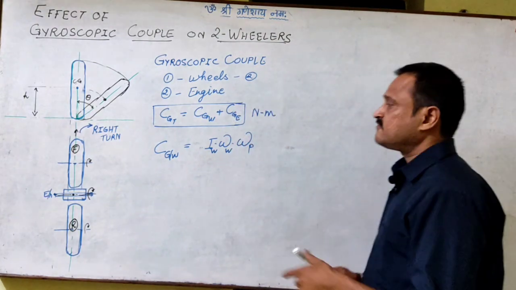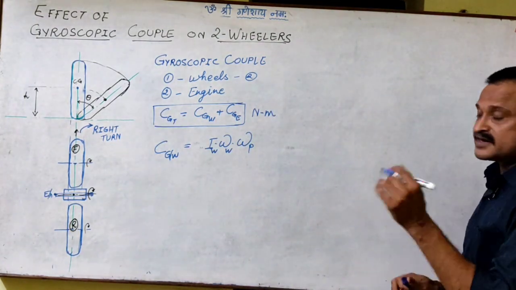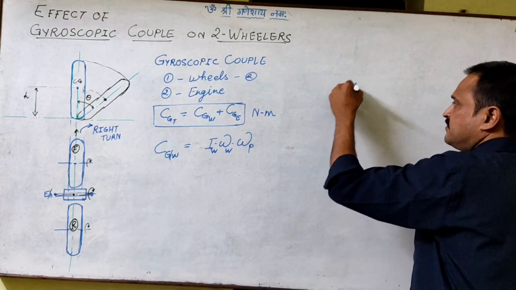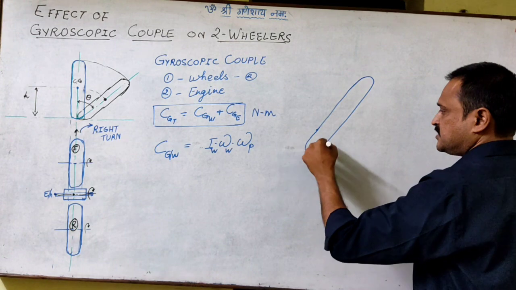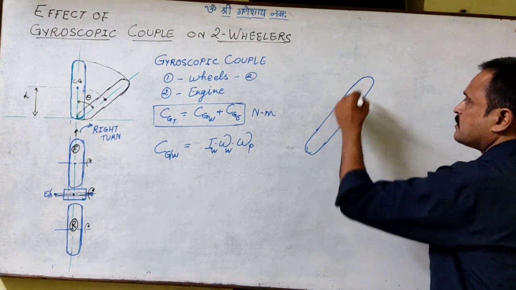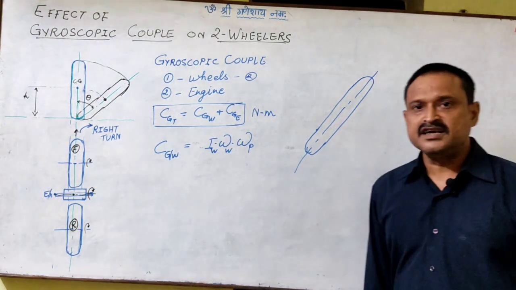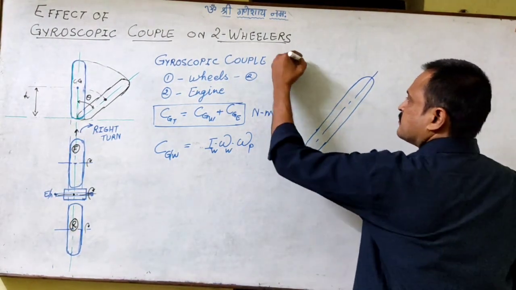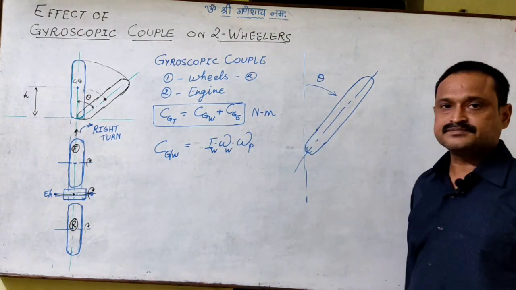Now here we will have to understand how the magnitude is getting affected. When the turn is taking place, the wheel is tilted with respect to the vertical by this angle theta, right?